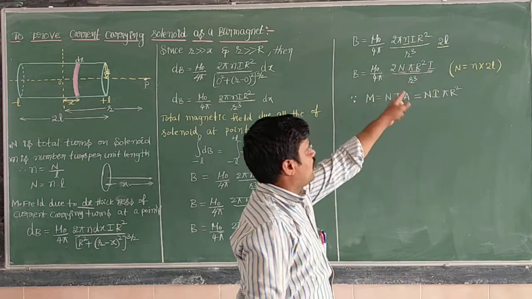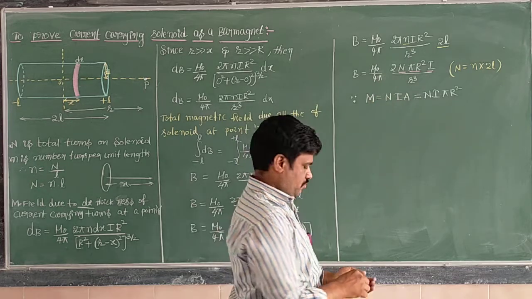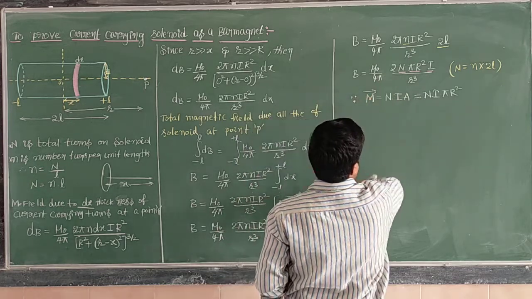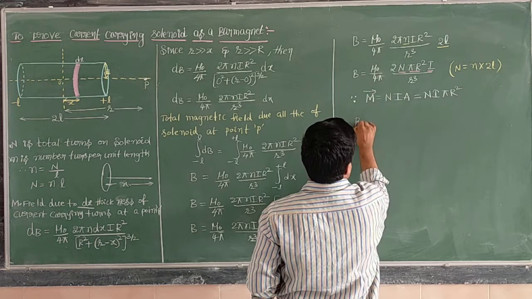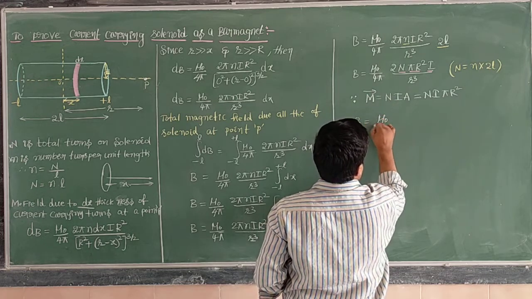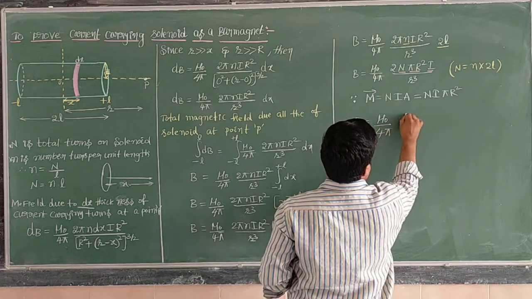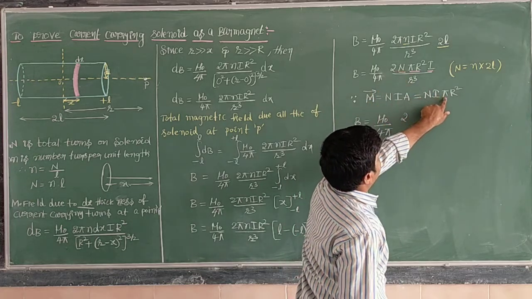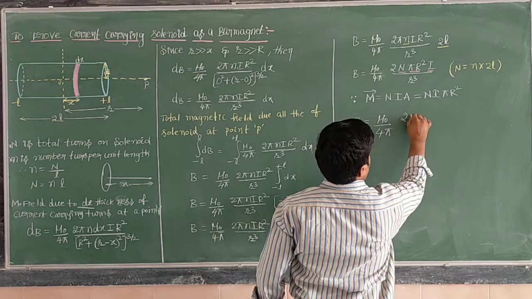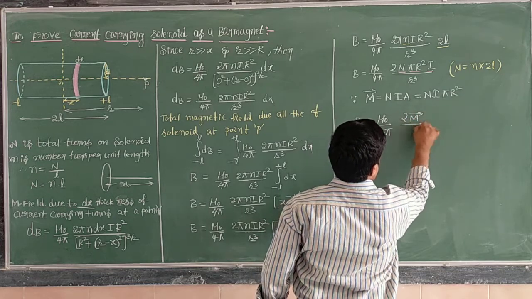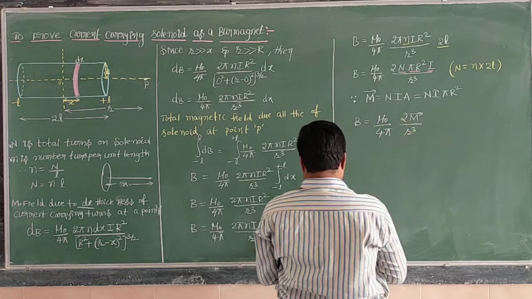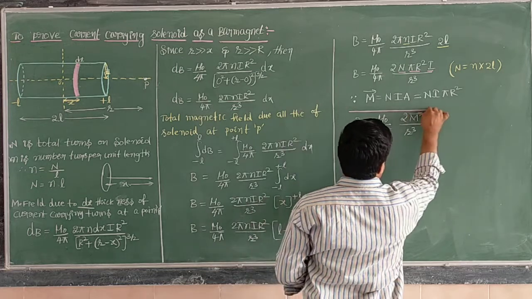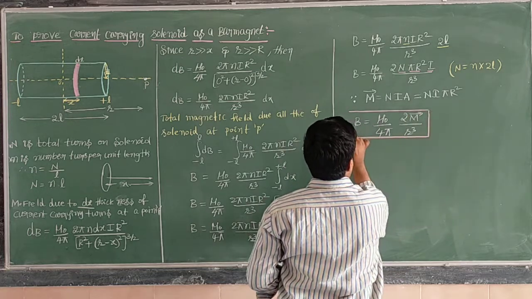Instead of all this, I can write the magnetic dipole moment. So B equals mu naught by 4 pi into 2, instead of N I pi r square, the magnetic dipole moment, divided by r cube. That means what I got here is the magnetic field due to the solenoid.